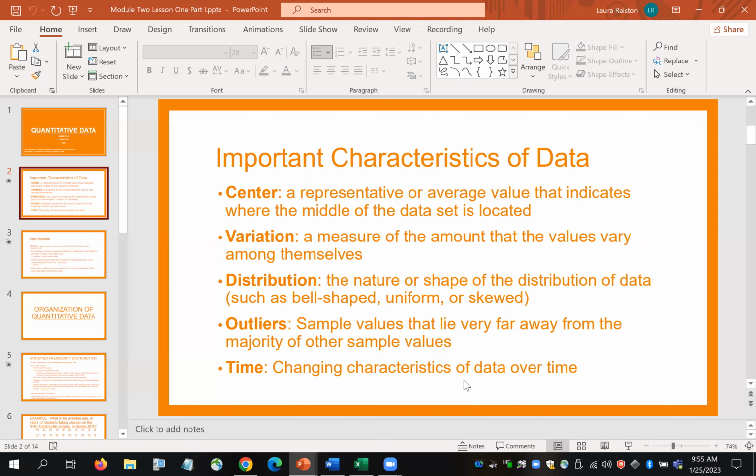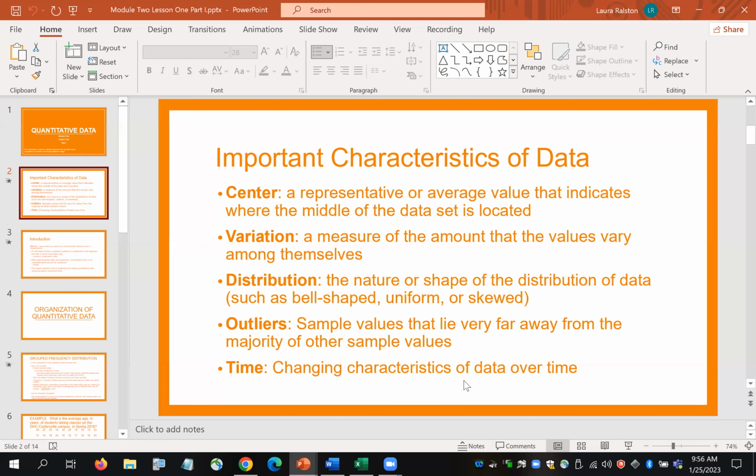And when you analyze data, there are 5 characteristics or 5 things that you want to focus on. And I have them listed here on this PowerPoint slide. This comes from the first lesson in Module 2 on quantitative data.